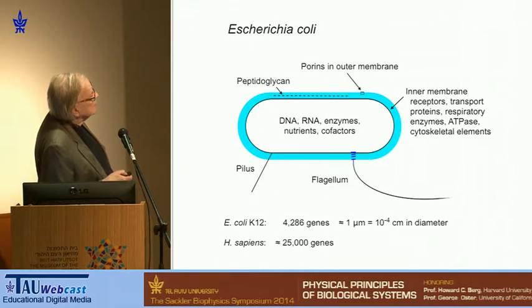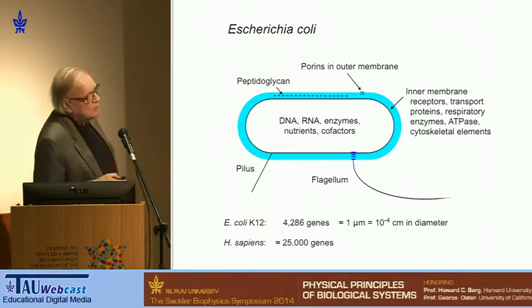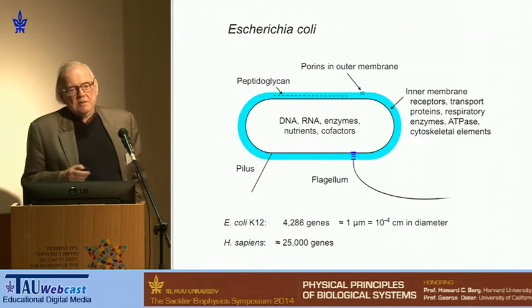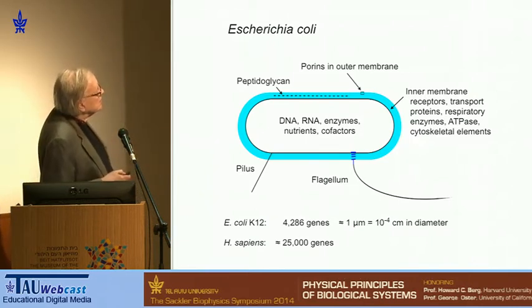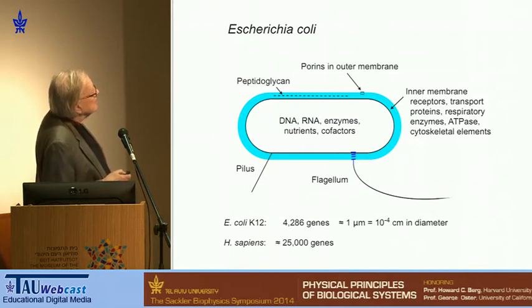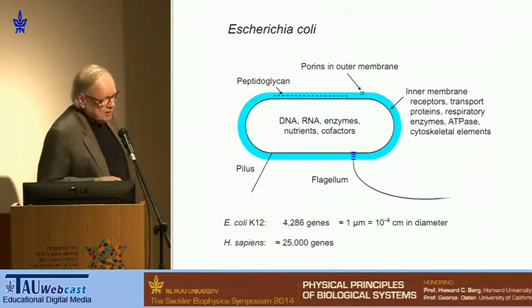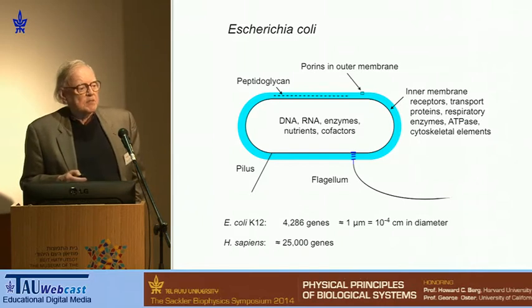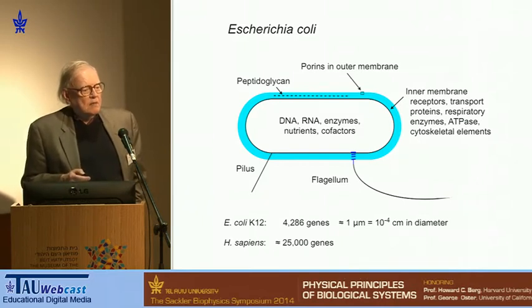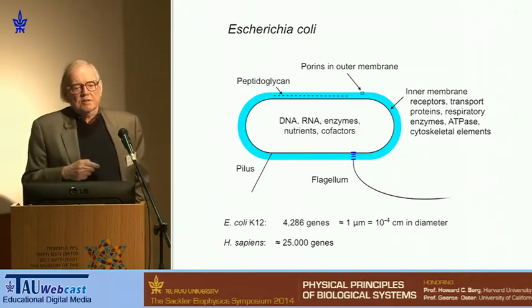It's punctuated by a whole series of little portholes called porins, which let water-soluble molecules through into the space between the inner membrane and the outer membrane, which is called the periplasmic space. And in the middle of that space is a quasi-rigid, gauze-like structure called peptidoglycan, which enables the cell to resist turgor pressure.